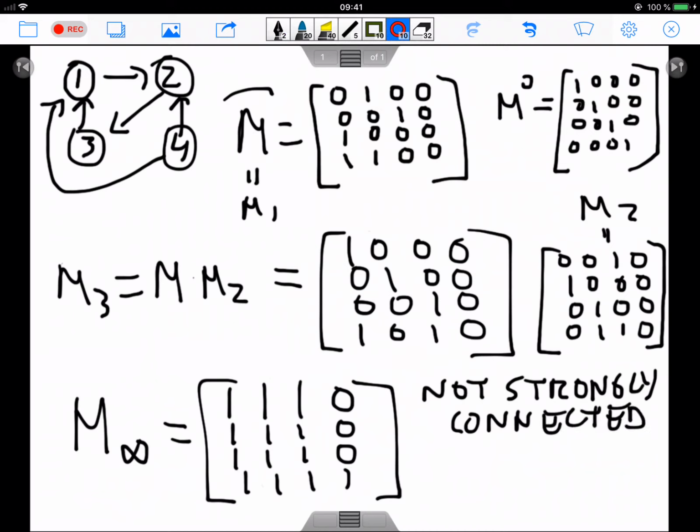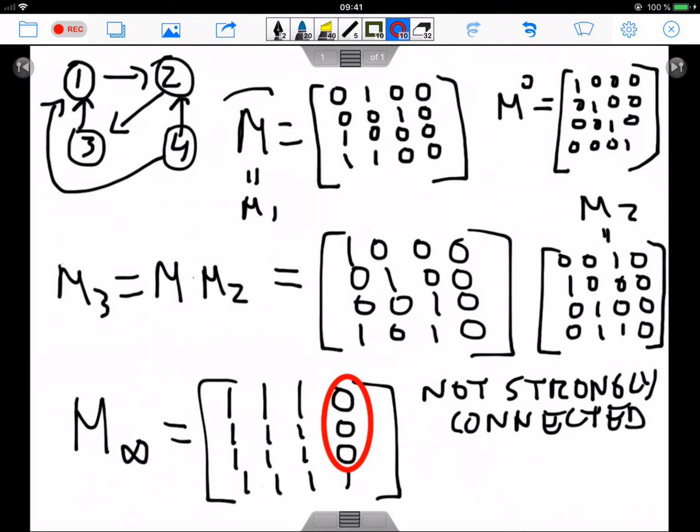And these zeros here are telling us that if we start from either 1, 2, or 3, we cannot reach 4, something that is clear in the graph. But imagine that we have a graph with 4,000 vertices. It's not so easy to notice this kind of thing.